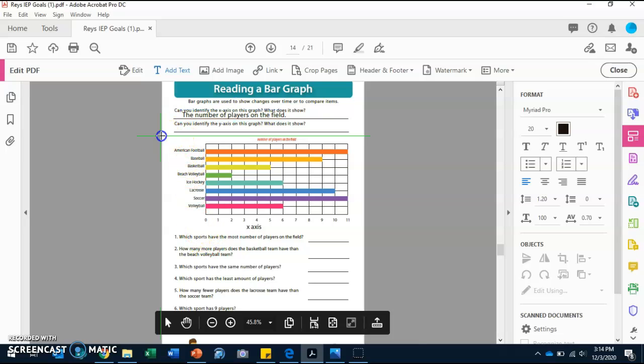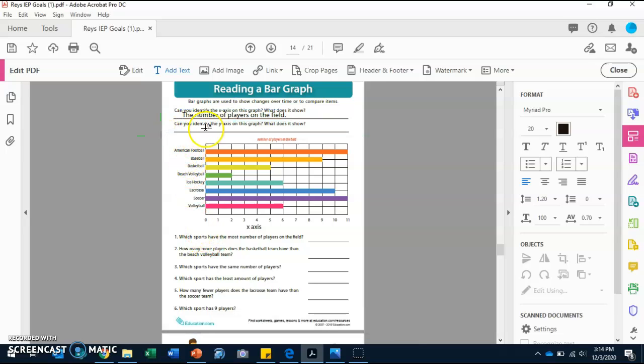And now the next question is asking, can you identify the y-axis on this graph? What does it show? So if this is the x-axis, that means that this is the y-axis. So here we're going to put y-axis.